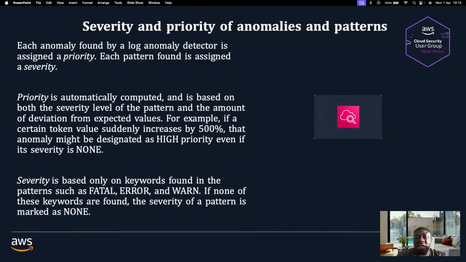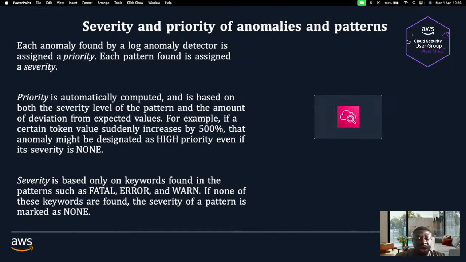It says here that each pattern found is assigned a severity. So it takes a look at the log and assigns a priority to each log, and then based on the pattern found, it assigns a severity.